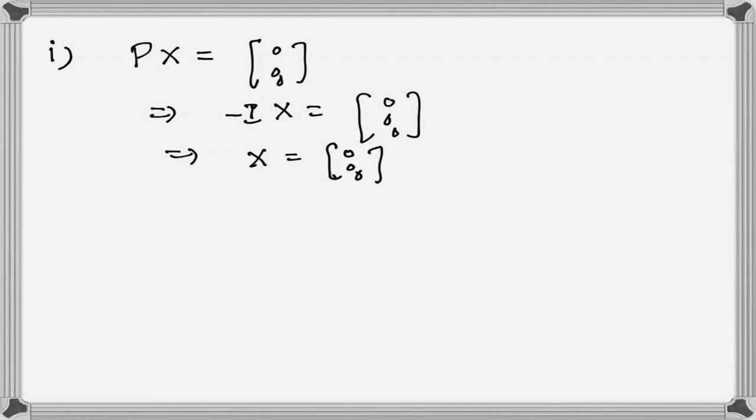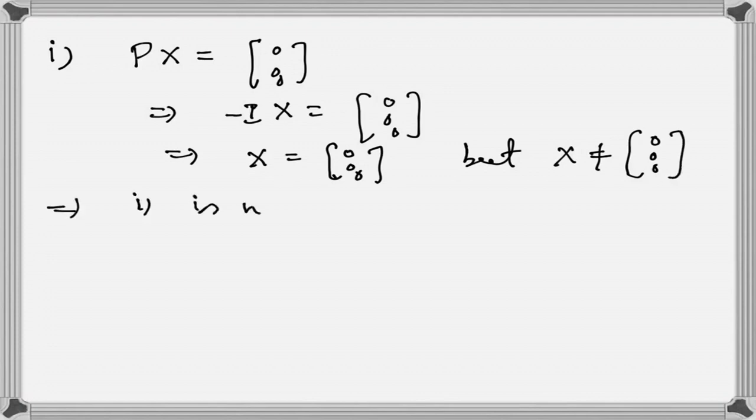Okay, but x is given to be non-zero, so this implies 1 is not true. Okay, the second is Px is equals to x.